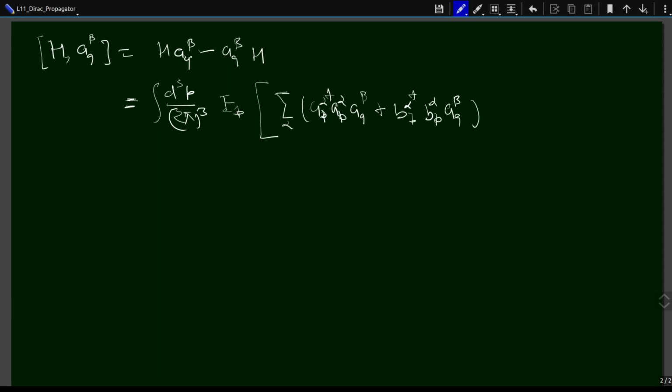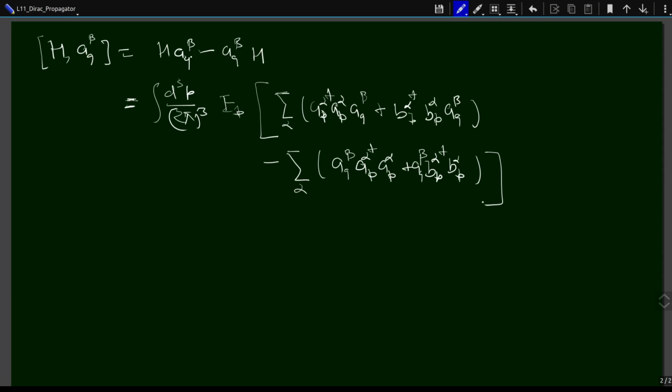This is the H times a_q^beta. From here I have to subtract a_q^beta times the same term, so sum over alpha, and here I will have a_q^beta a_p^alpha dagger a_p^alpha plus b_p^alpha dagger. But before that there will be a_q^beta and b_p^alpha. Okay, so this is what we have.